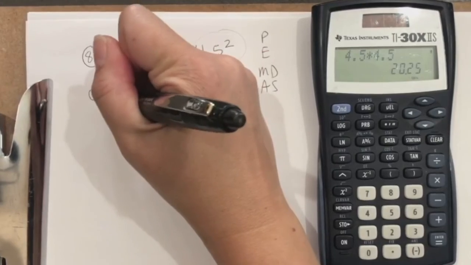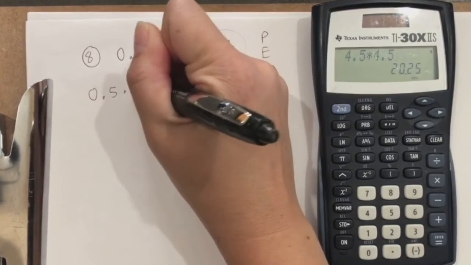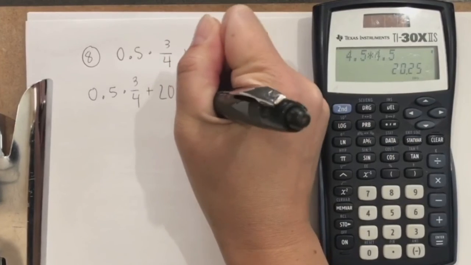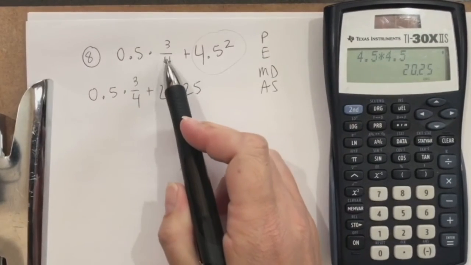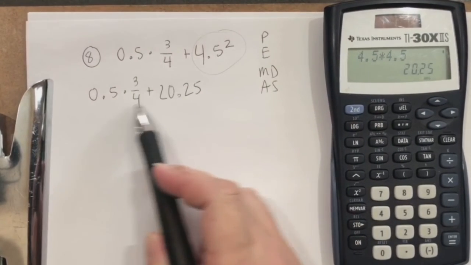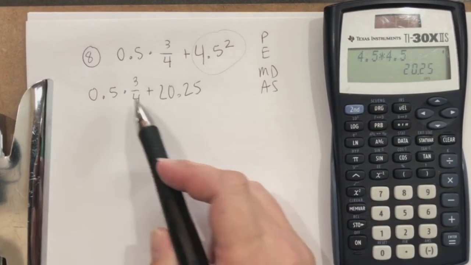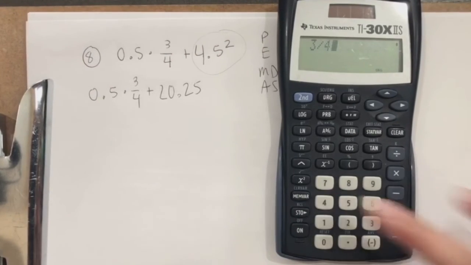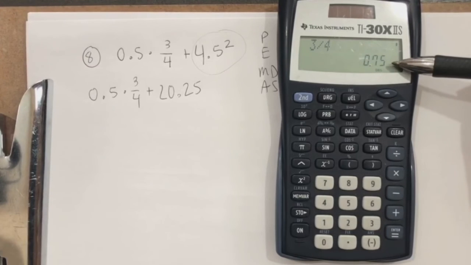So we'll bring everything down. 0.5 times 3/4 plus 20.25. Oh, I forgot to convert that into a decimal so that we can have all decimals. So 3 divided by 4, we can just use our calculator, and that equals 0.75.